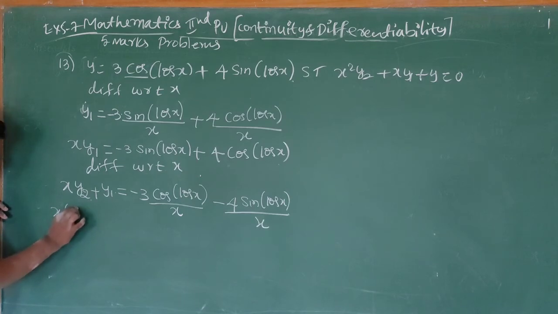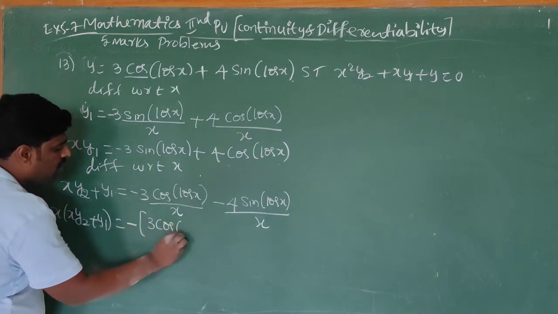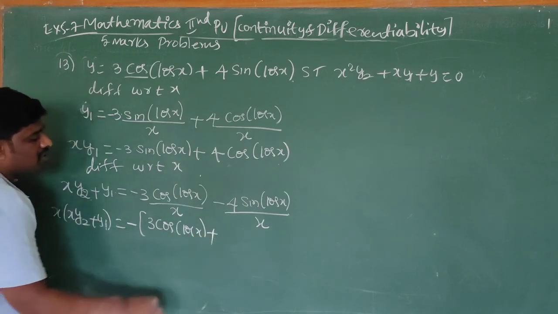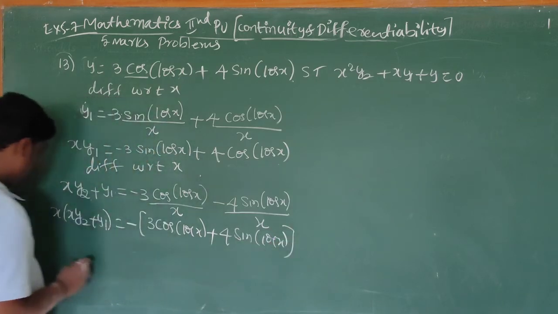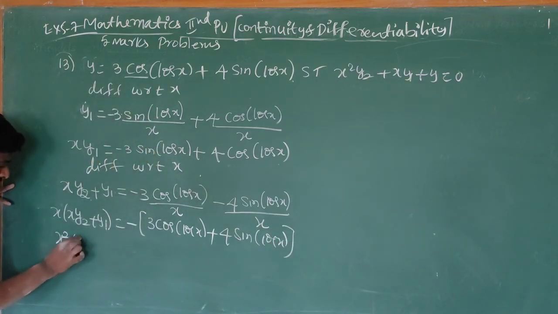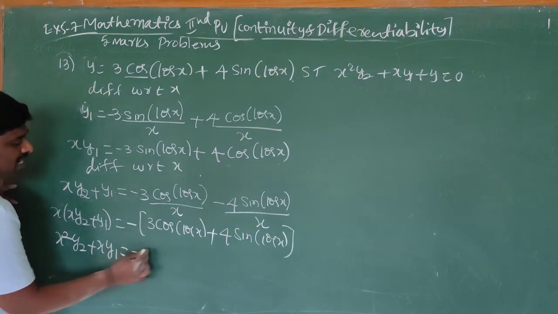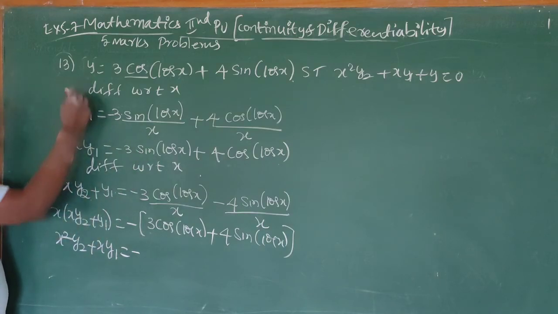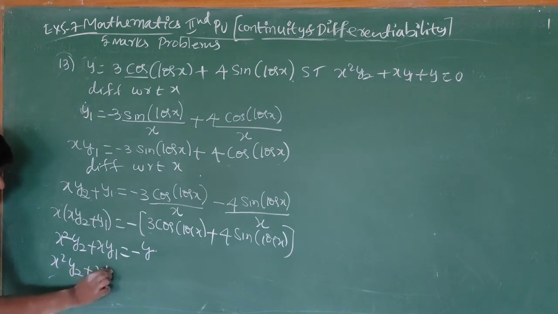X into xy2 plus y1 is equal to minus, common 3 cos of log x plus 4 sine of log x. So x square y2 plus xy1 is equal to minus, this is nothing but y. So x square y2 plus xy1, this minus y shifts to LHS, plus y is equal to 0.